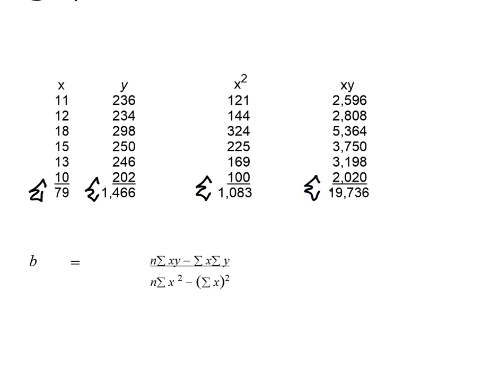and now we're going to put them into our equation. So in my equation, I'm going to start with n. n is 6. There are 6 pieces of data. And I'm going to multiply that by the sum of xy, 19,736.